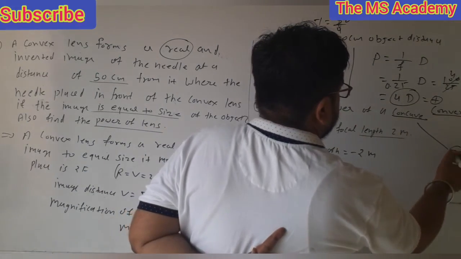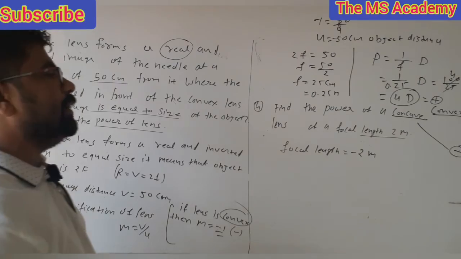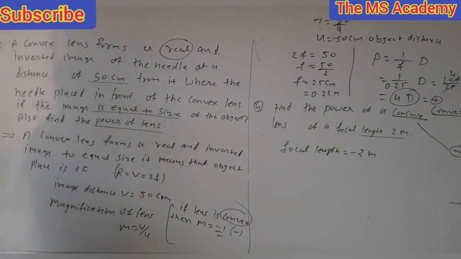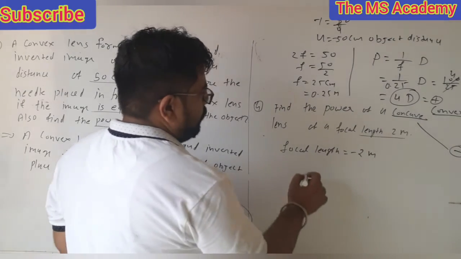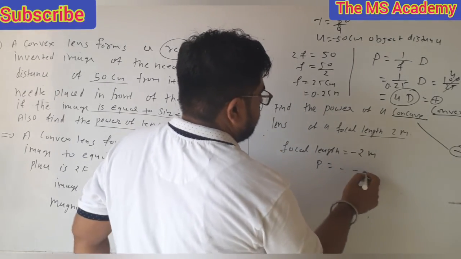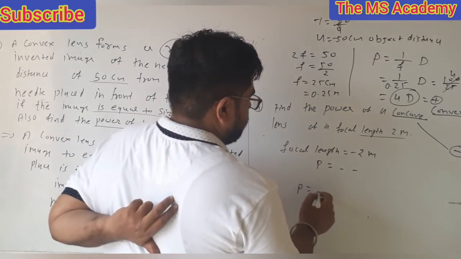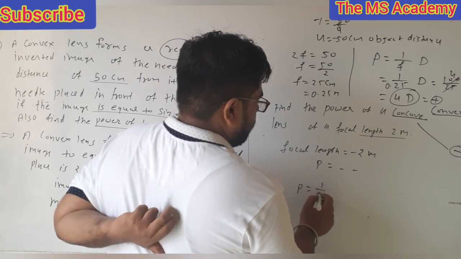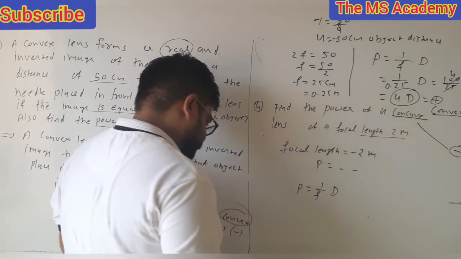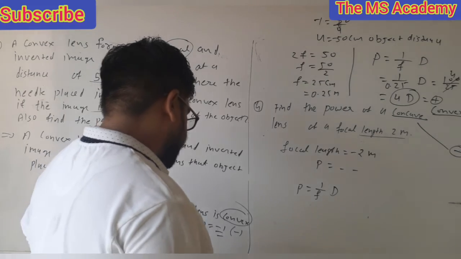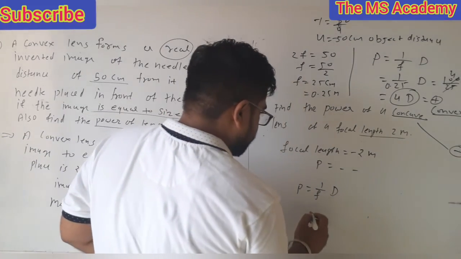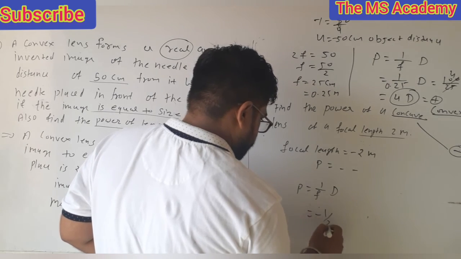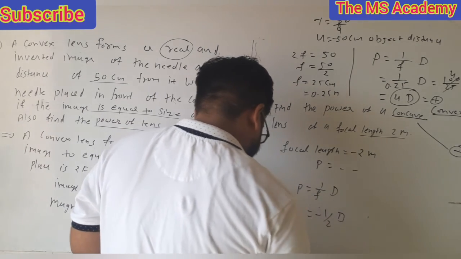Okay, whenever there is a concave lens, its focal length will be negative. If it is convex, it will be positive. So we want the power of the lens. Then P is equal to 1 upon f diopter, which is minus 1 upon 2 diopter.